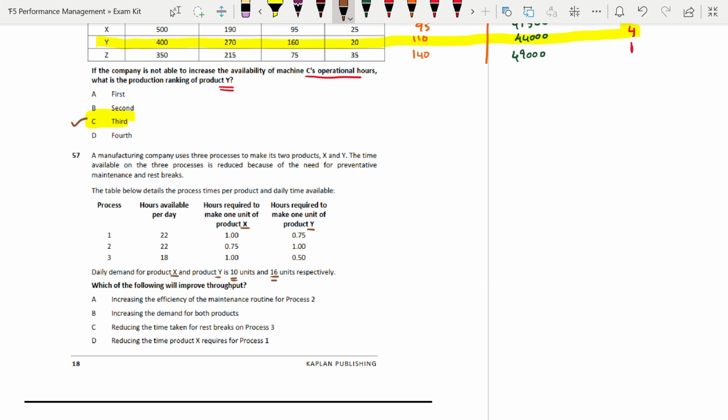First, we have to identify what is the bottleneck. Okay, bottleneck. See the things. Here also there is a bottleneck. 0.75, 0.75, 0.5.